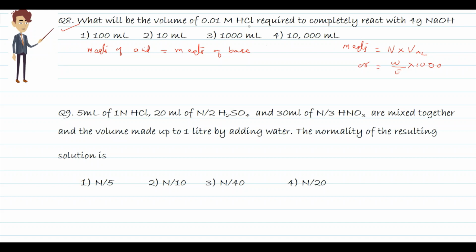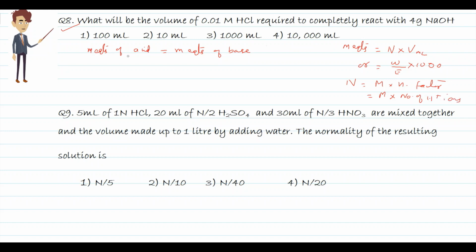Here, in the case of HCl, molarity is given. Molarity can be converted to normality. Normality is equal to molarity into n factor. We have already studied what the n factor is. For an acid, the n factor is the number of H plus ions.